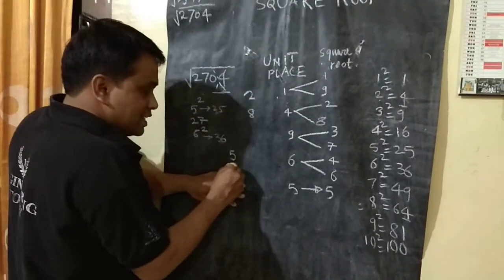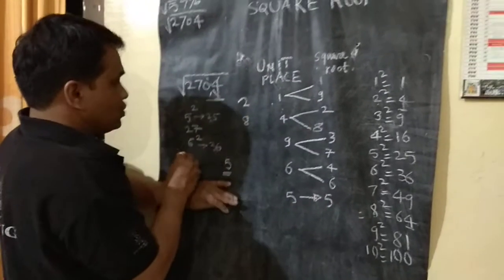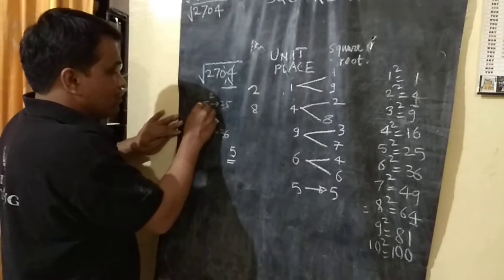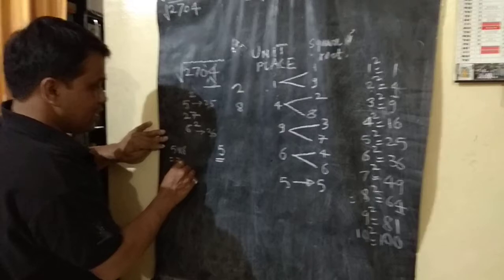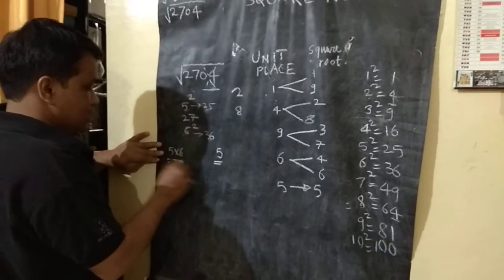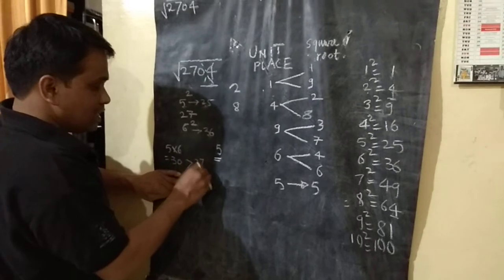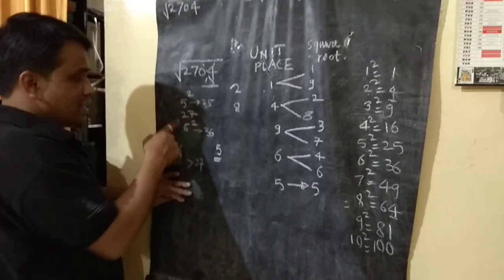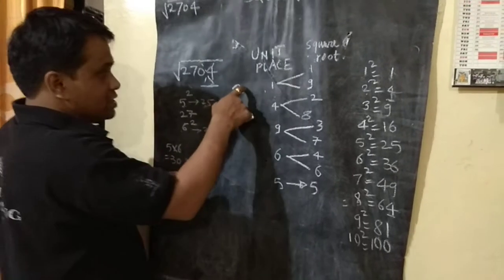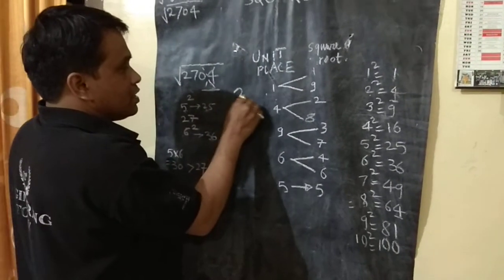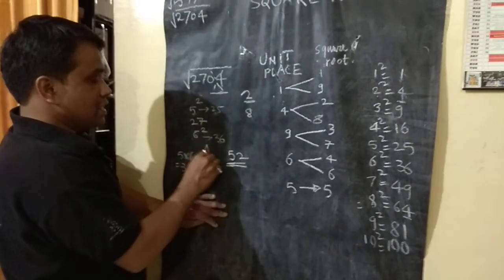I have to select this first digit 5. Then I have to take the product of 5 into 6, which is 30, and this 27 is smaller than this product of 30. So I have to consider the smaller number. So 52 is the answer.